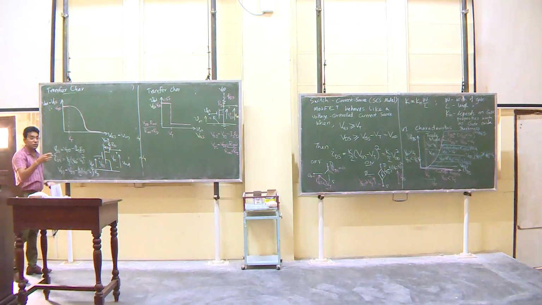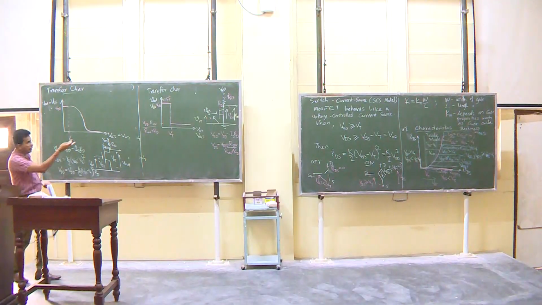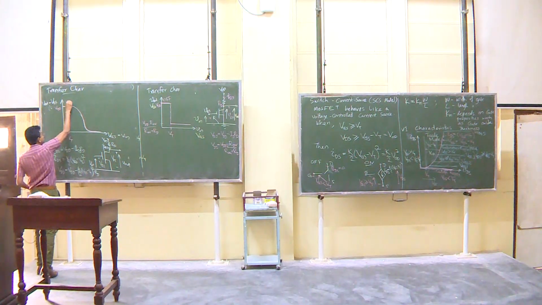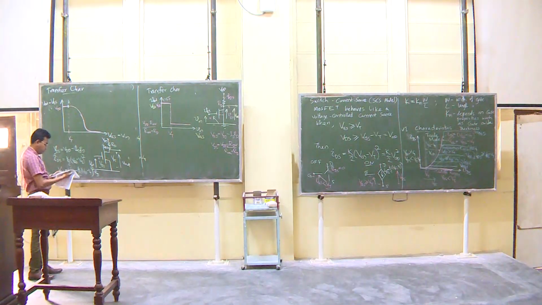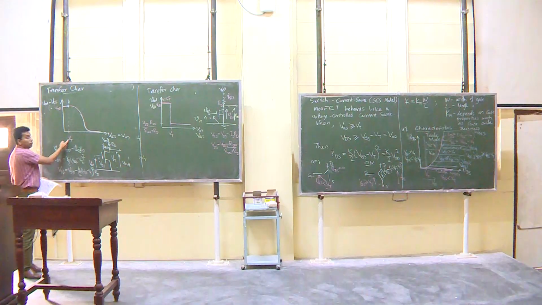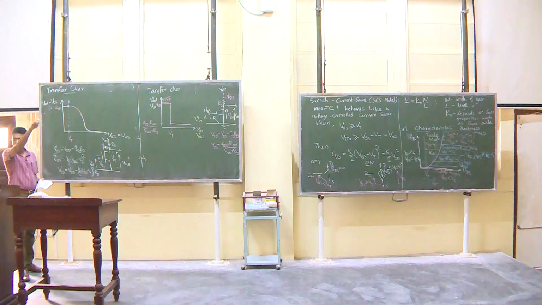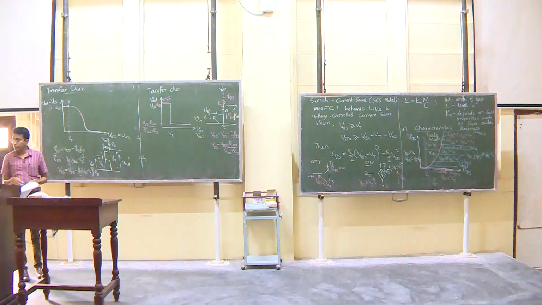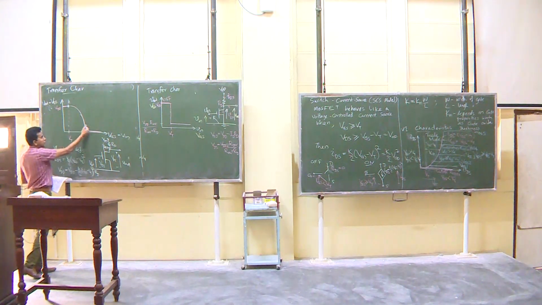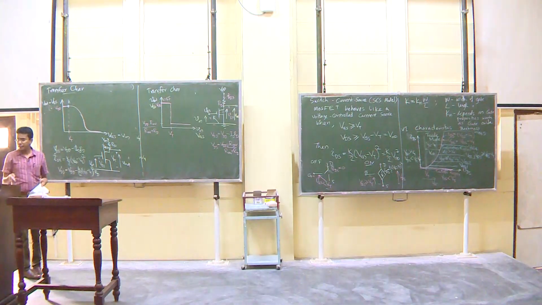Up to what point does it behave like this? We need to figure that out, but we know it starts from here. This point we know exactly: at VGS equal to VT, this quadratic behavior starts. But when will it stop? Here it starts to act funny.